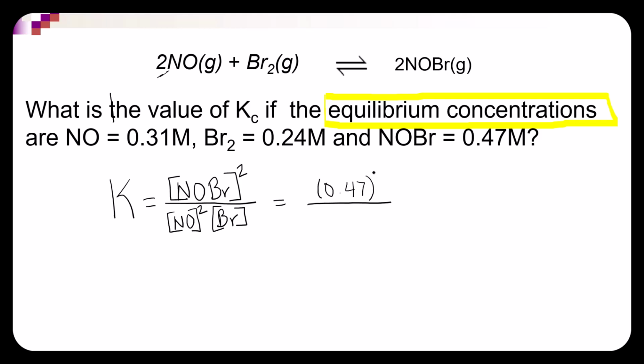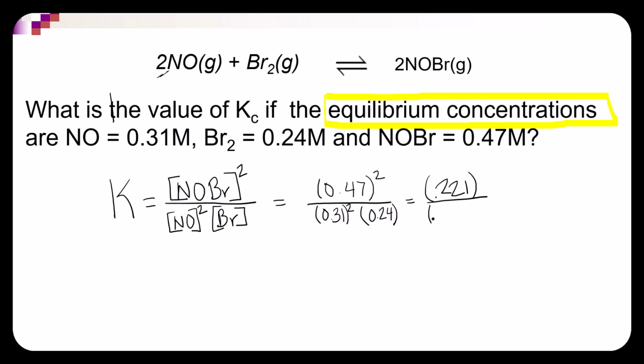0.47, and that's going to be squared, divided by NO, which is 0.31, that's going to be squared, and Br2 is 0.24. So we plug these into our calculator, so 0.47 squared is 0.221, and then 0.31 squared times 0.24.